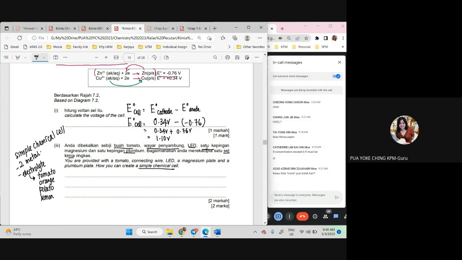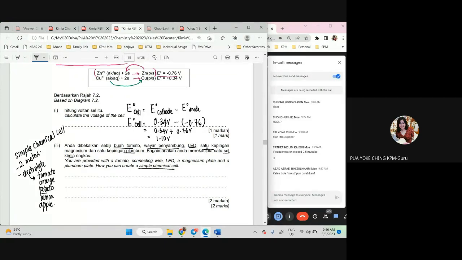Potato pun boleh, sebab kalau you potong potato, you akan rasa dalamnya actually ada bendalir sikit. So, dia pun boleh conduct electricity. Tomato boleh, orange boleh, potato boleh, lemon boleh. Yang biasa keluar ialah lemon, orange, apple pun boleh, sebab dalam buah-buahan actually semua ada acid. So, dia memang boleh conduct electricity.